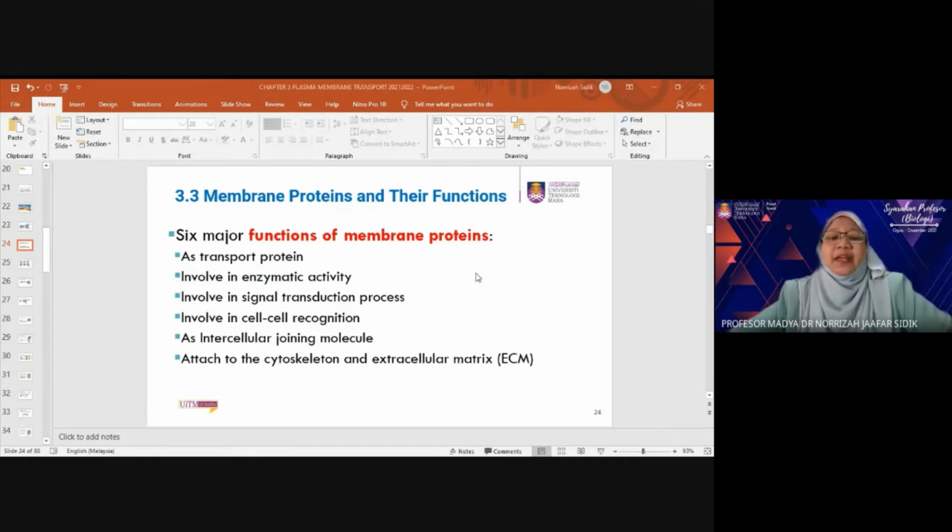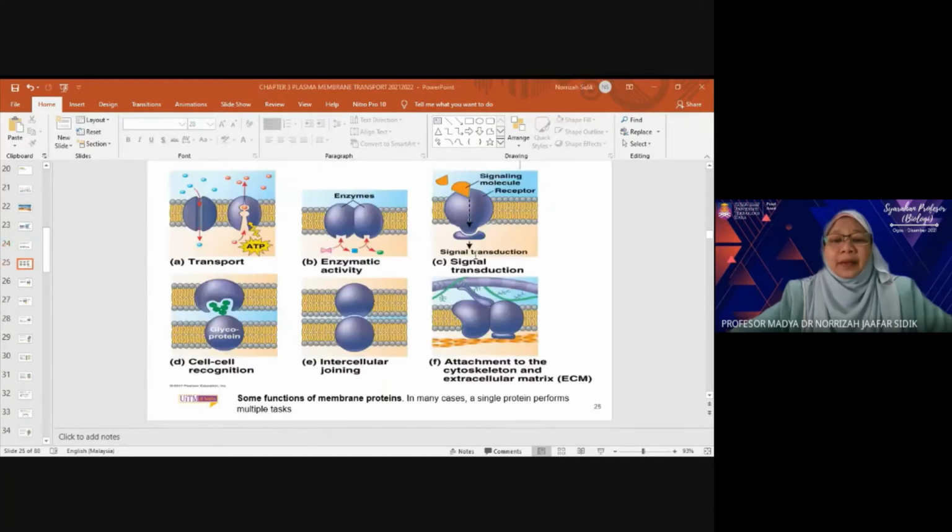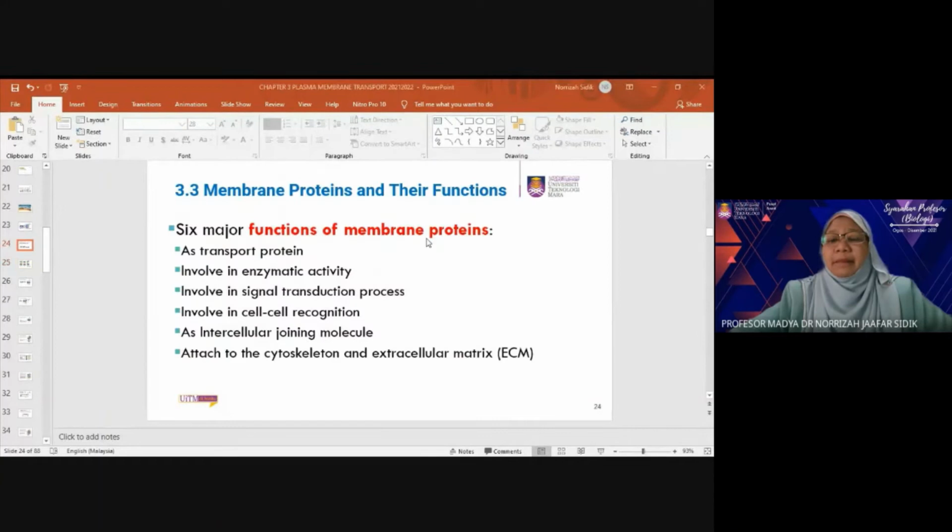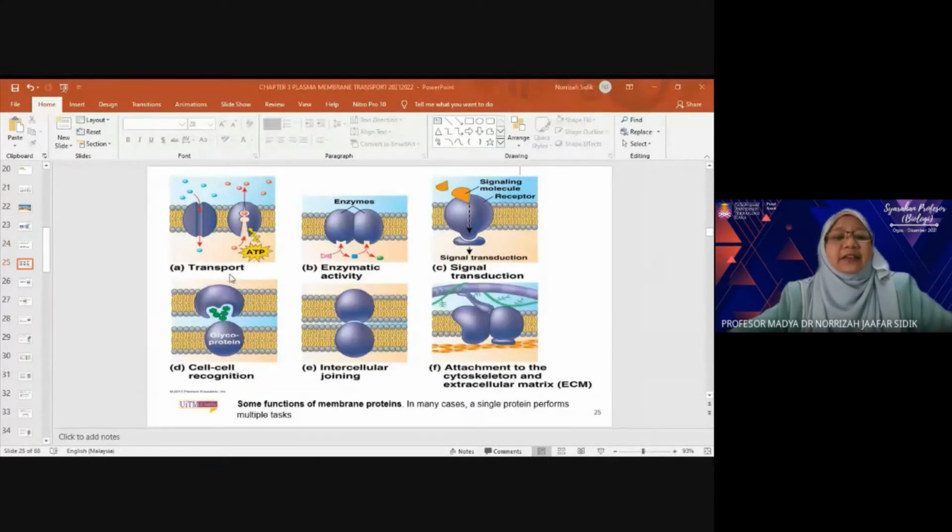There are 6 major functions of membrane proteins. If you look here, membrane proteins act as transport. They also act in enzymatic activity, and are involved in signal transduction.